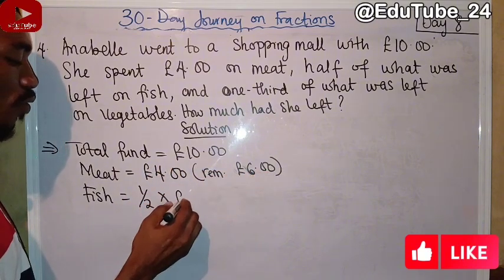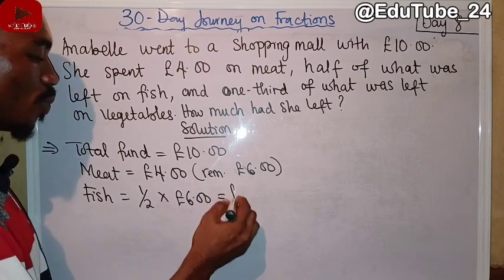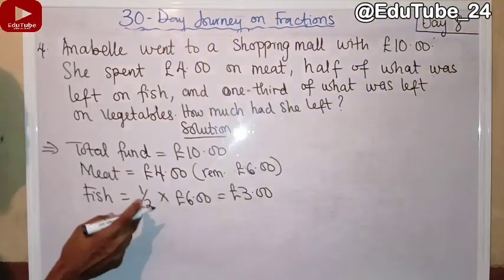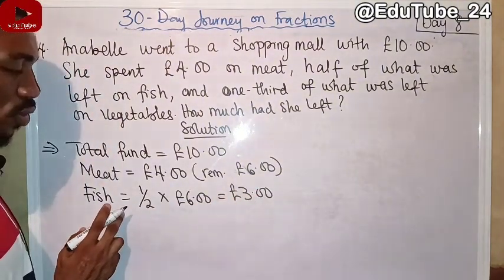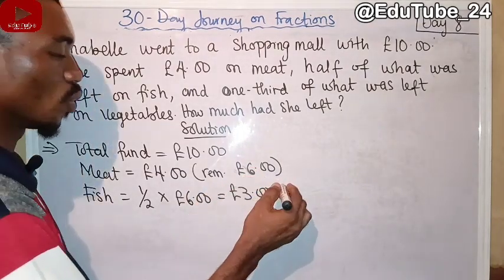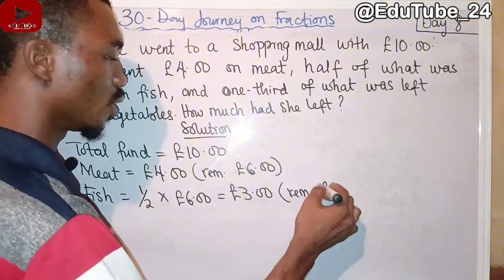Half of £6 will give us £3, meaning she spent £3 on fish. So if she spent £3 on fish, out of the £6 that was left, she will have a remainder of £3 now.